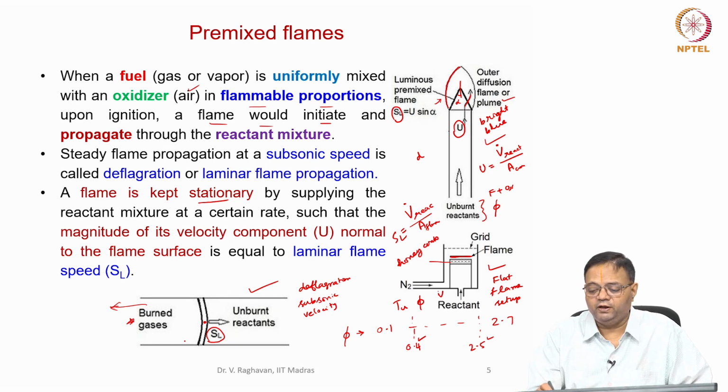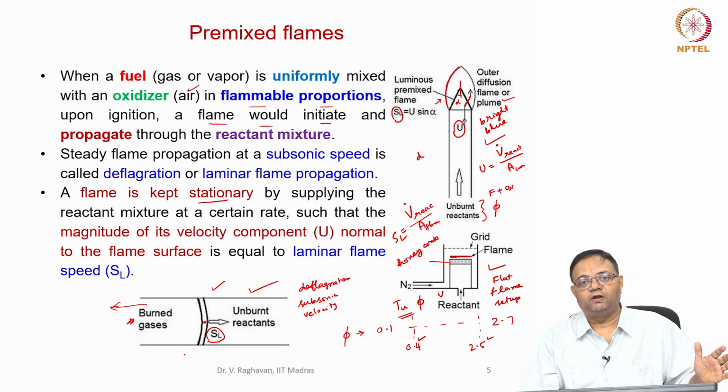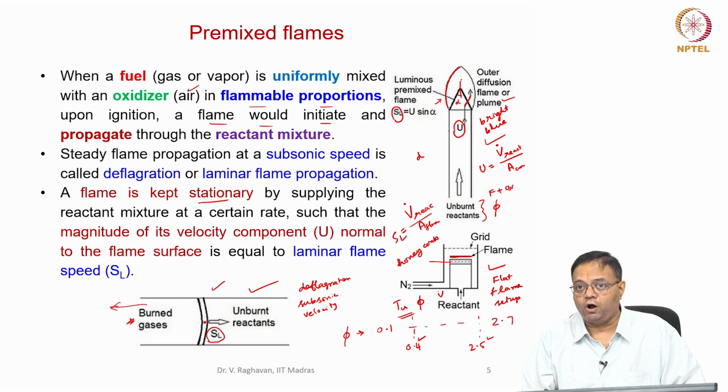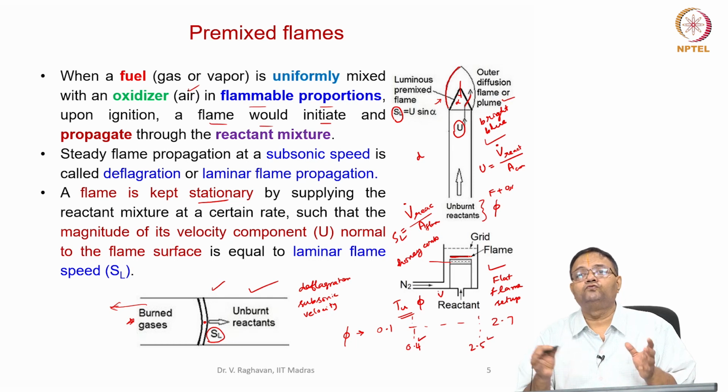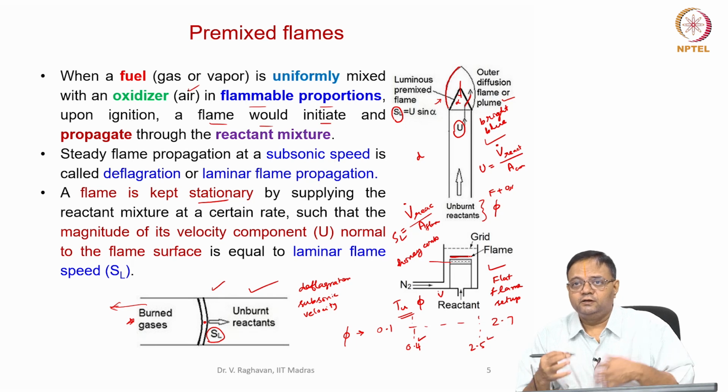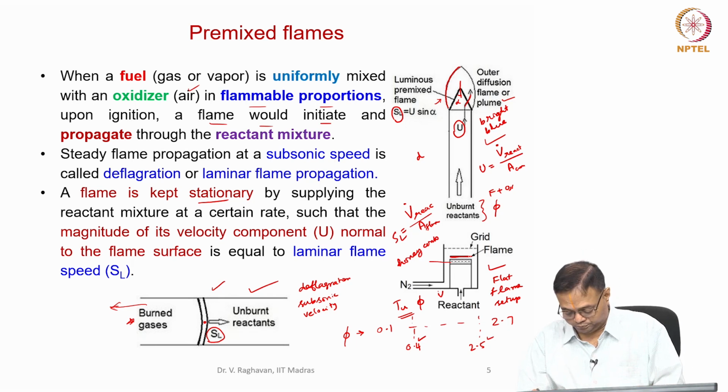For the same Phi and same Tu, the unburnt reactant temperature, you will see that the SL values measured in this setup where the flame freely propagates, or in the Bunsen burner setup where a conical flame forms, or a flat burner, will have variations, because it depends upon the configuration also.